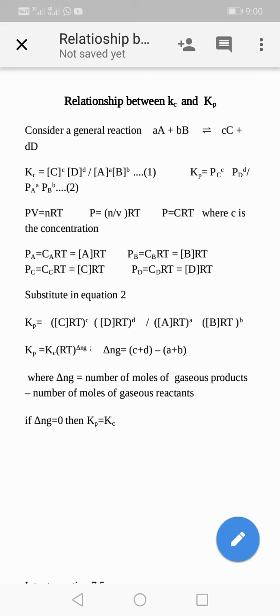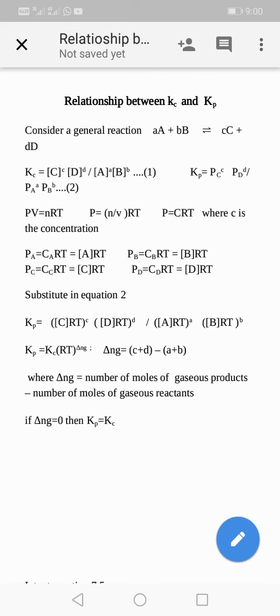We can write down (c plus d) minus (a plus b) as delta Ng. Delta n stands for the change in number of moles and g stands for the gaseous phase. So delta Ng is equal to number of moles of gaseous products minus number of moles of gaseous reactants.